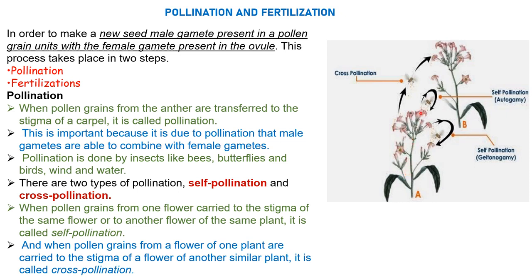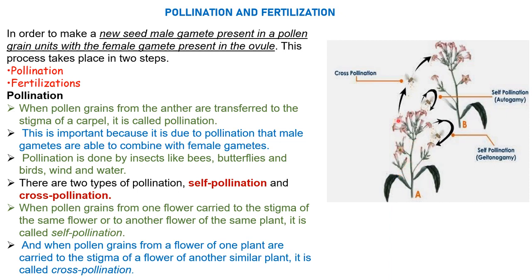So the two flowers are present on the same plant. You can see the two flowers here. Just the pollen grains are getting transferred from the stamen of one flower to the stigma of another flower which is present on the same plant. So this is self-pollination. But what is cross-pollination?